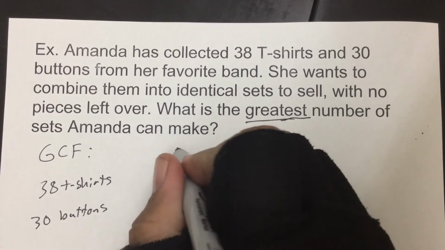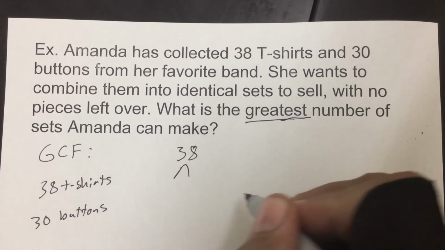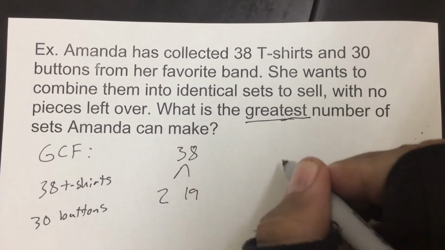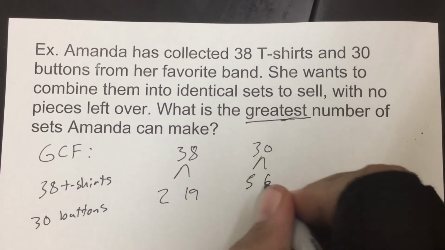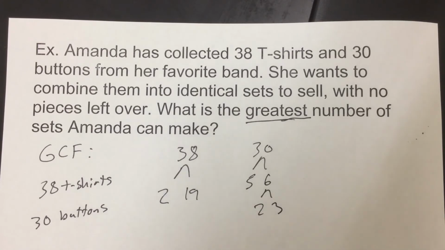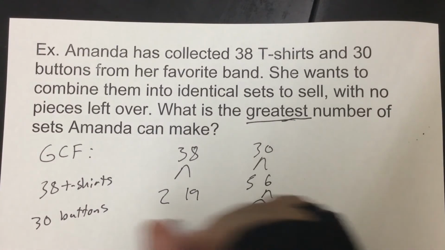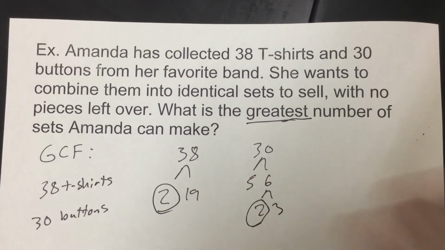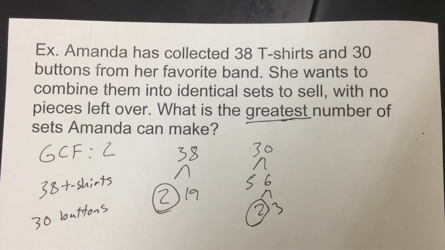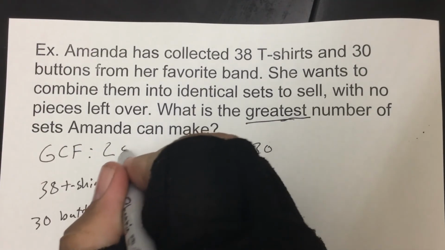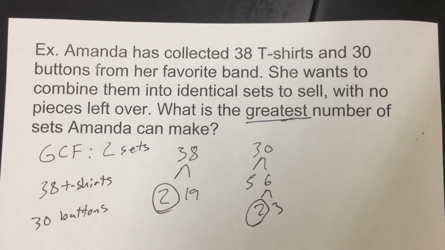So, 38, if we break that up, is going to go to 2 and 19. 30, we could do 5 and 6, which go to 2 and 3. So greatest common factor of these is only going to be 2. That's the only thing they have in common. So greatest common factor of 2. What are we looking for? We're looking for sets. So 2 sets then is our label. So that would be the greatest common factor.